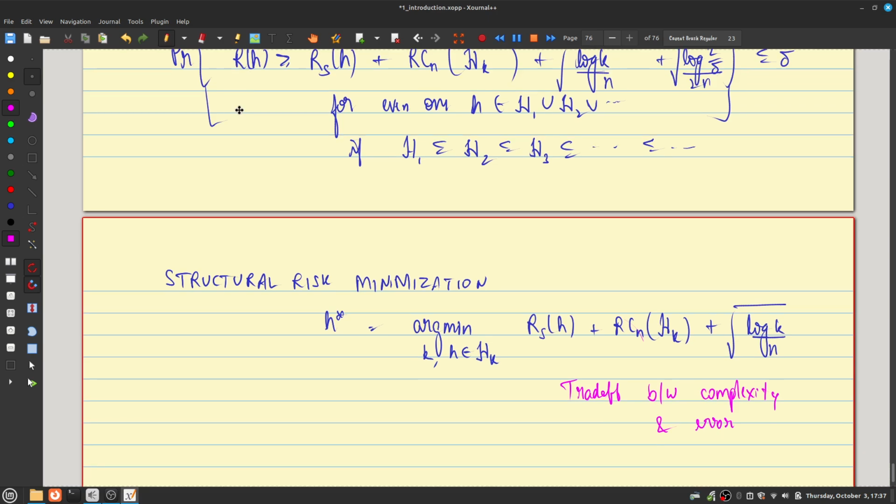So that's what you can do. The only problem with structural risk minimization is, okay, you can compute the empirical risk, but the computation of the Rademacher complexity is going to be really hard.